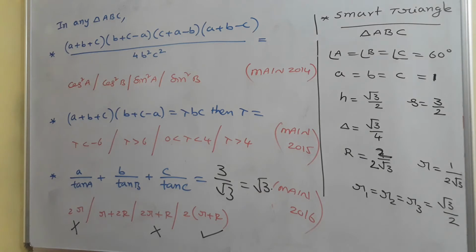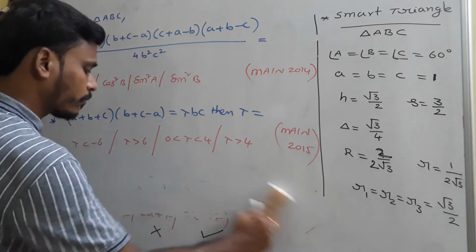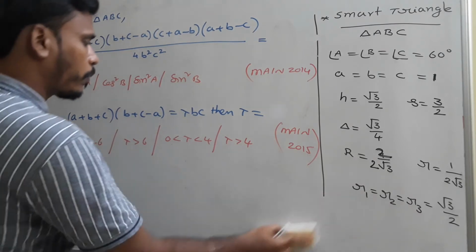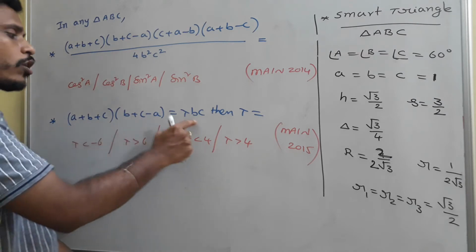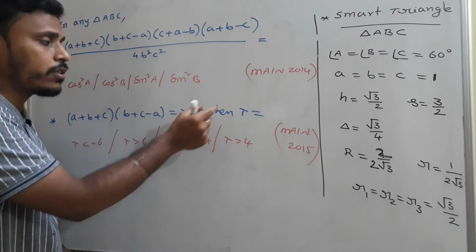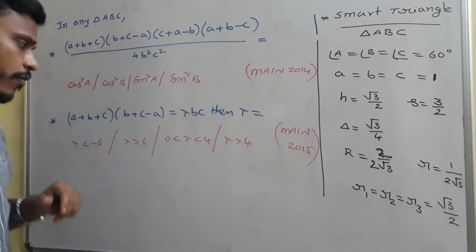Just have a look. Now, what to say about this particular problem? See, in any triangle it happens, the product of these two is lambda times of BC. We need to think about that lambda. So just apply the values of smart triangle.